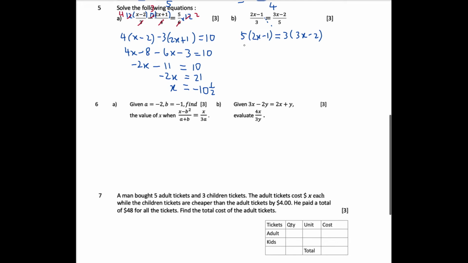Now we can open up the brackets and here we subtract 9x to remove 9x, subtract 9x to give us a single x, plus 5 to remove negative 5, plus 5 to give us negative 1.